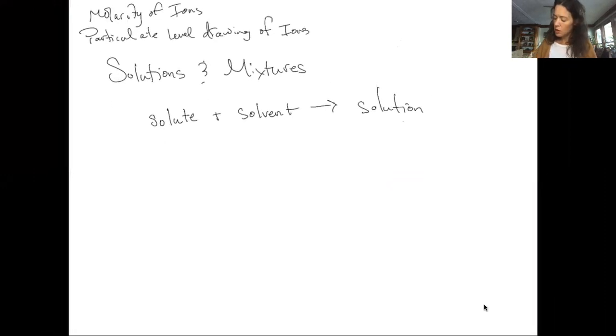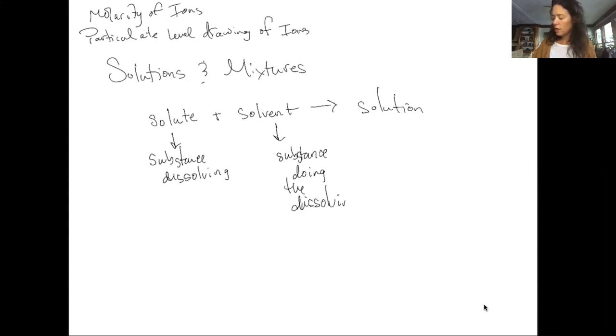The solute is the substance dissolving. It's always present in smaller extent. And the solvent is the substance doing the dissolving, causing the dissolving, right? It is the solvent moving in and saying, hey, let's pick this solute apart.